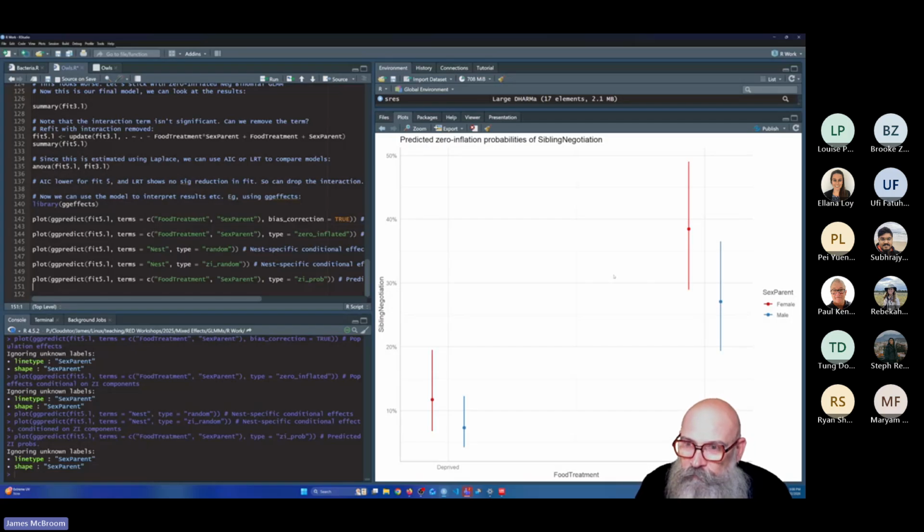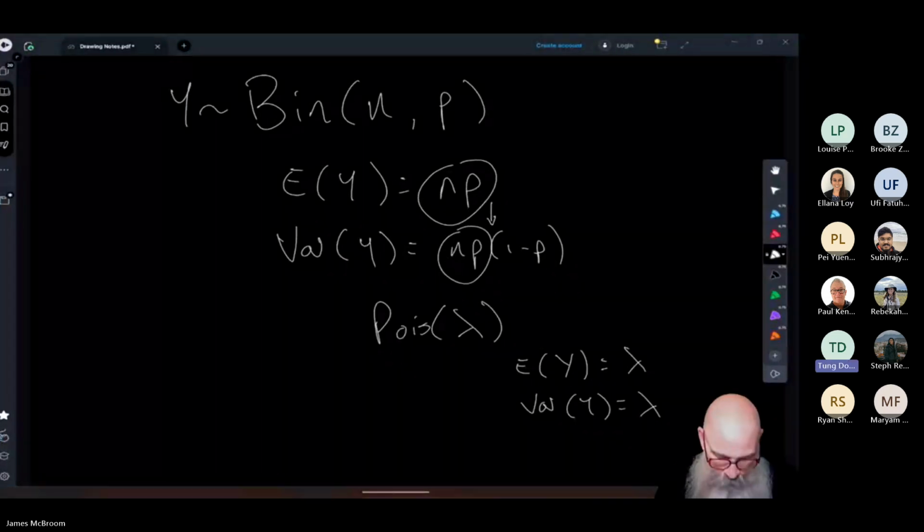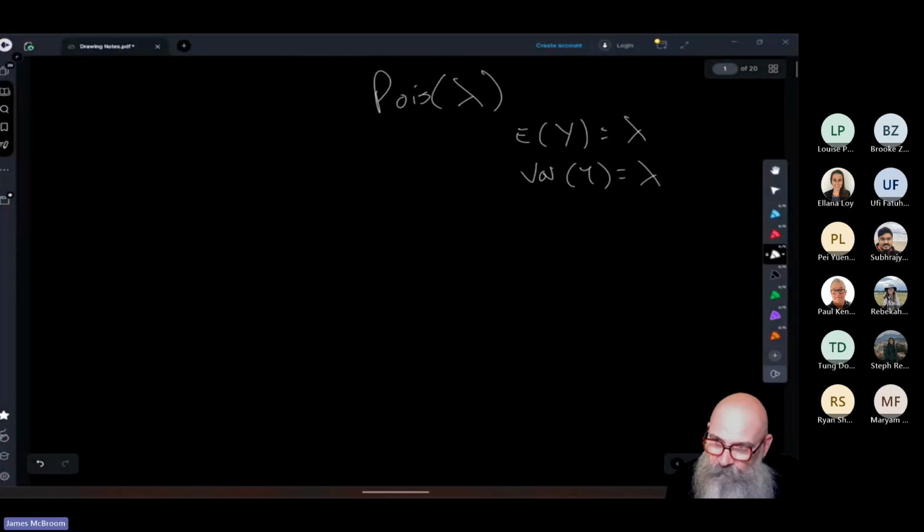And the variables that contribute to it. On the y-axis here are the zero inflation probabilities. These are actually the probabilities of not being in the extra zero group. Let me explain very quickly. You've basically got a mixture of models.